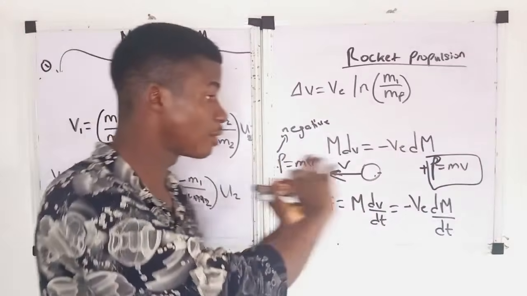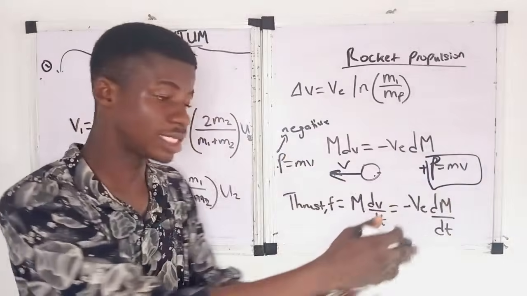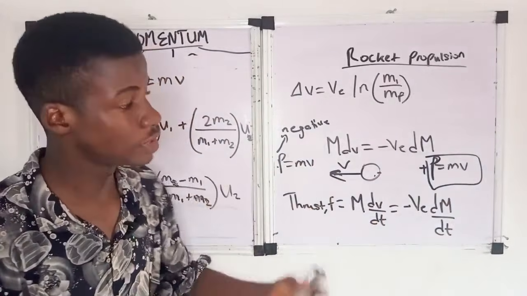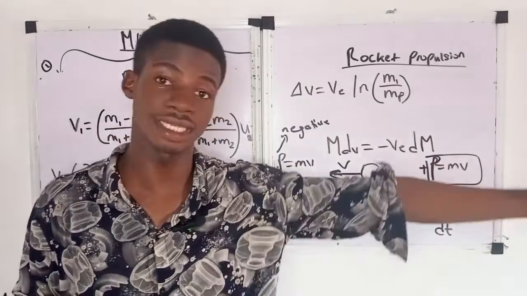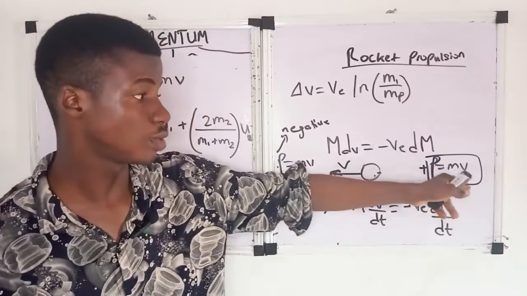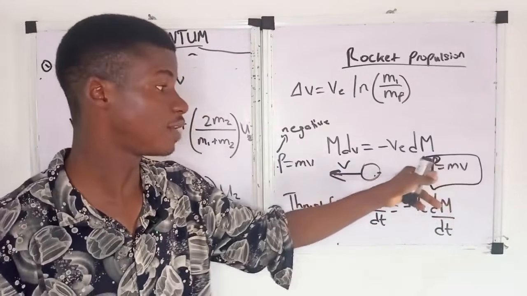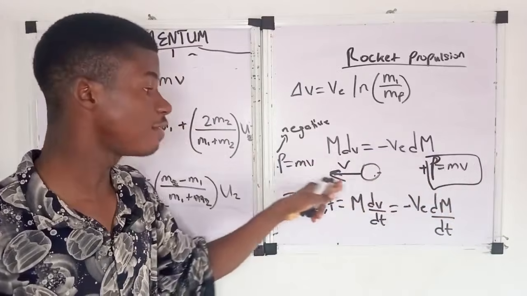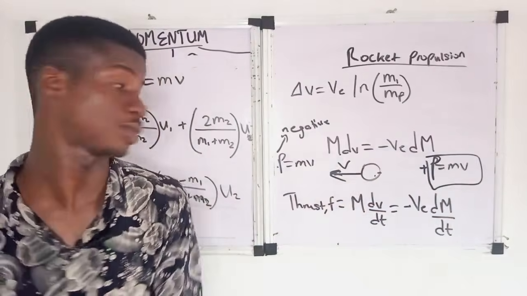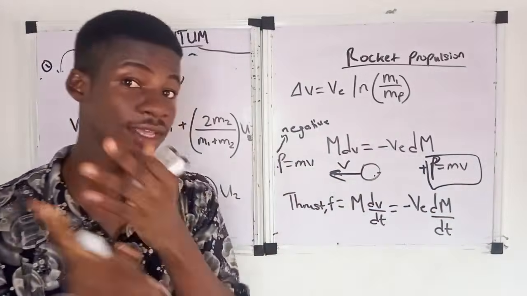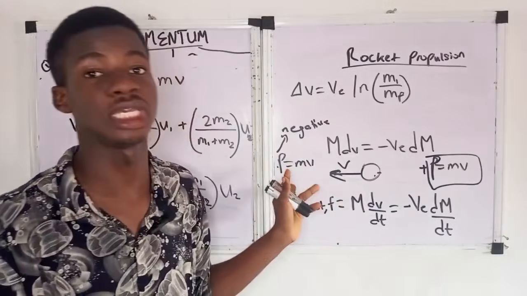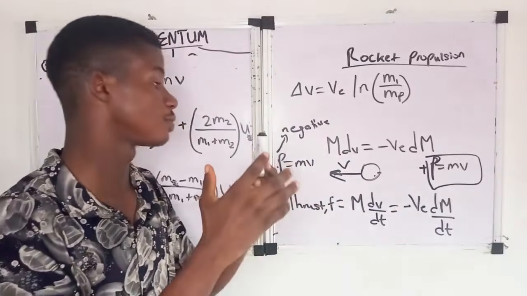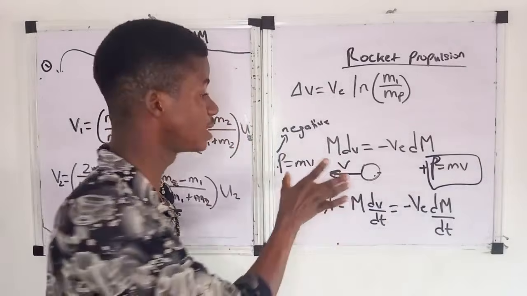Now, this type of motion is in one dimension. So if the body is moving in the positive S direction, the velocity will be positive, therefore the momentum will be positive. But if the body is moving in the negative S direction, the velocity will be negative, therefore the momentum of that body will be negative. So please take note of these two.